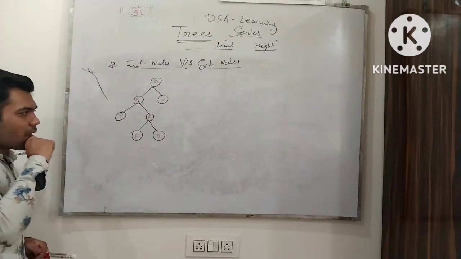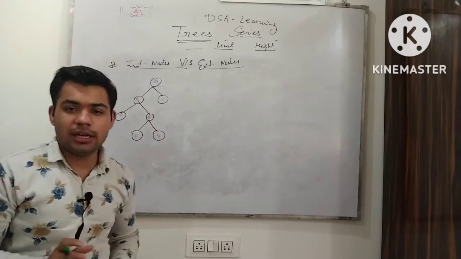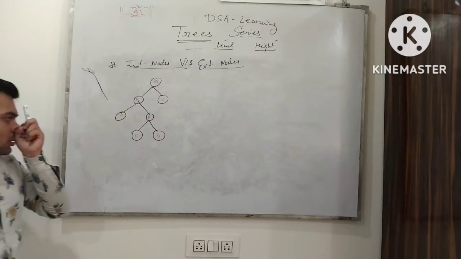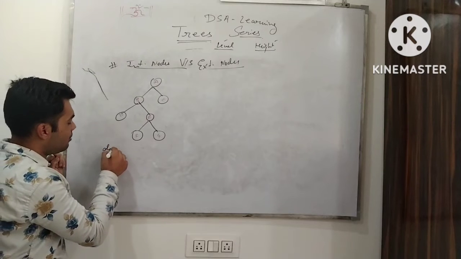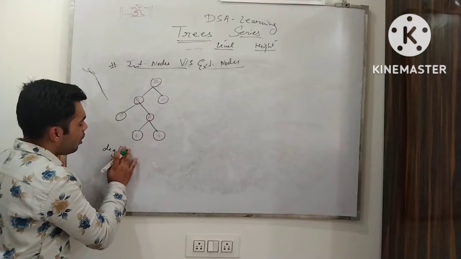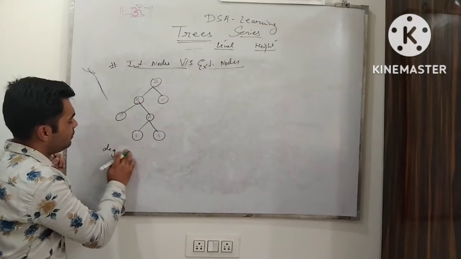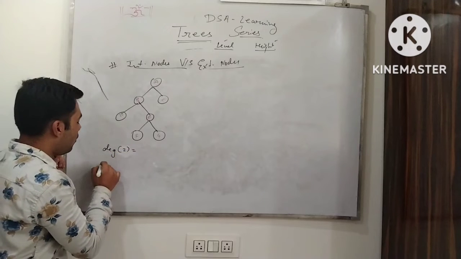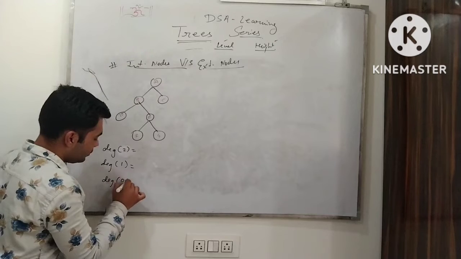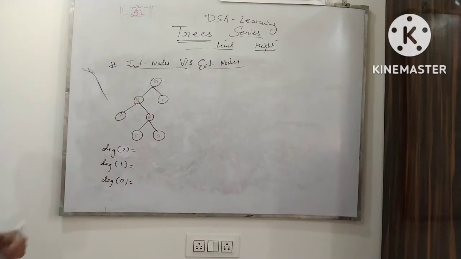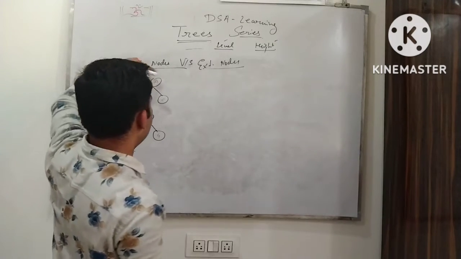So if I ask you how many nodes are present here which have degree 2, degree 1 and degree 0, what should your answer be?